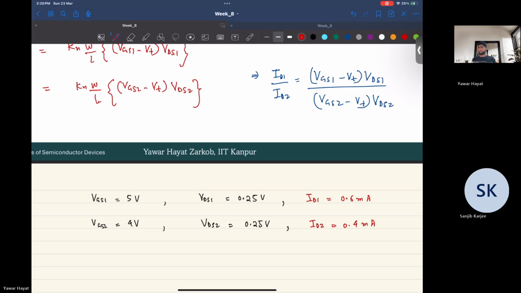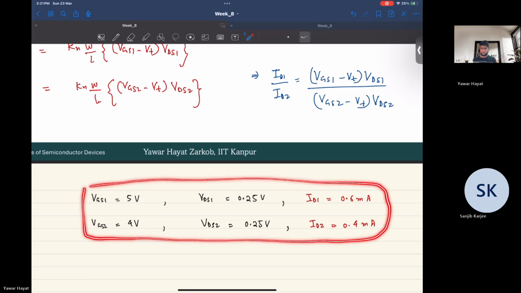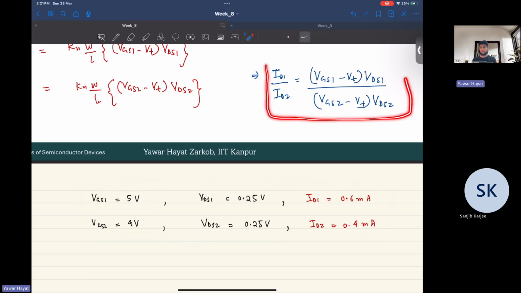Now, what can you determine from this? If you are given this, what can you find from this equation? VT, right? This is given, this is given, this is given. I mean, everything is given except VT. So the only unknown left would be VT.